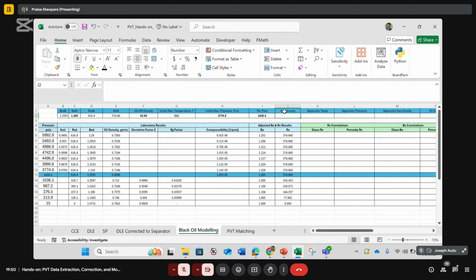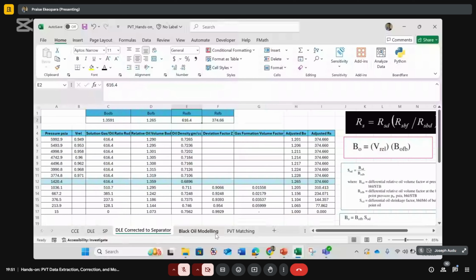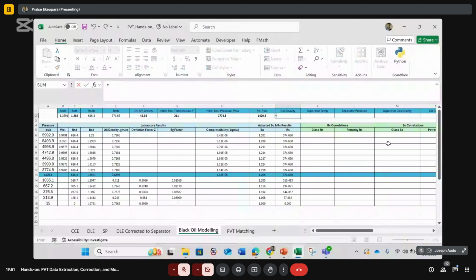So this gas gravity you are seeing now will be that one I calculated in separator. So I will just need this G2 and this SP. So how we do it in Excel, we just type equal to SP, quotation, G2. Yeah, so this exactly I just referenced what is in SP.